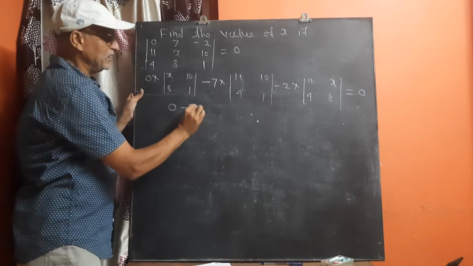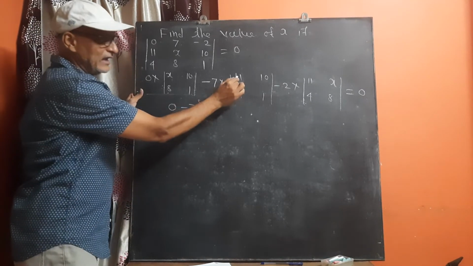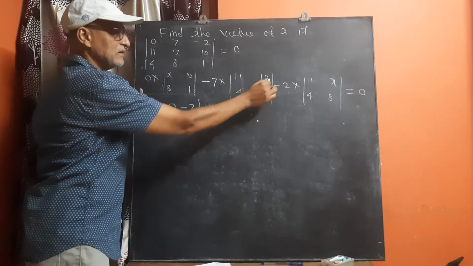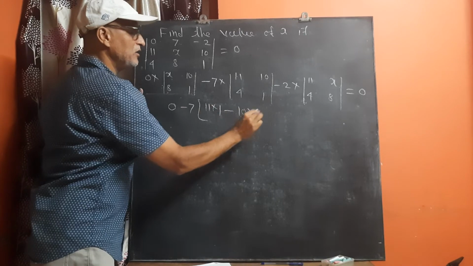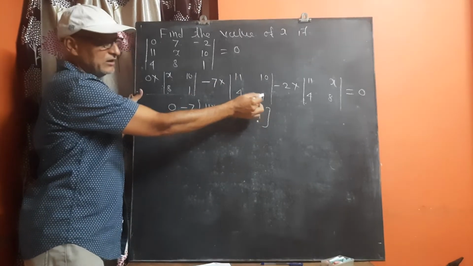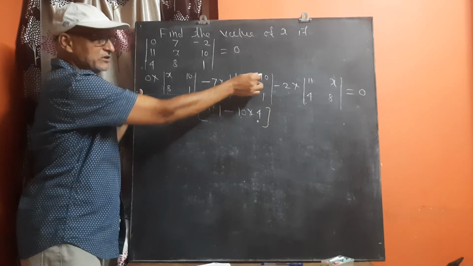Minus 7 into, in bracket, 11 into 1 minus 10 into 4. Product of forward element minus product of backward element or reverse diagonal element.